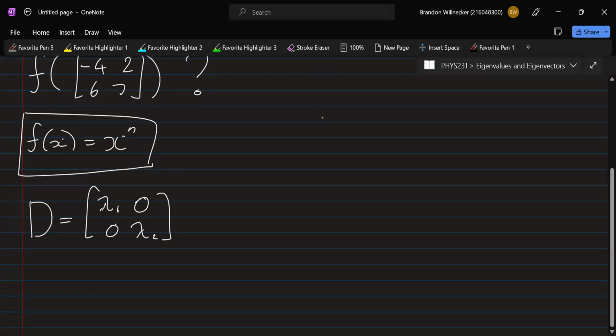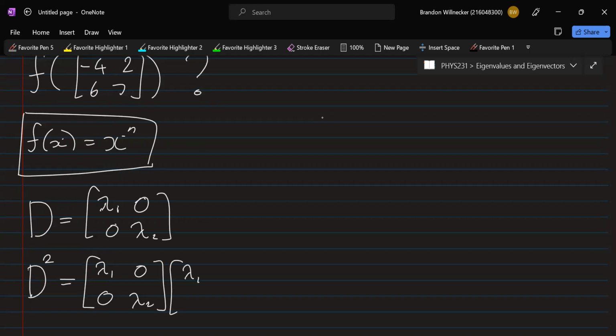So what we want to do is find D squared, as a starting point to find higher powers of D. So D squared, what's this going to be? Let's just calculate it with matrix multiplication. We have lambda1, 0, 0, lambda2, times itself, lambda1, 0, 0, lambda2. Multiplying this out, we get lambda1 squared, 0, 0, lambda2 squared.